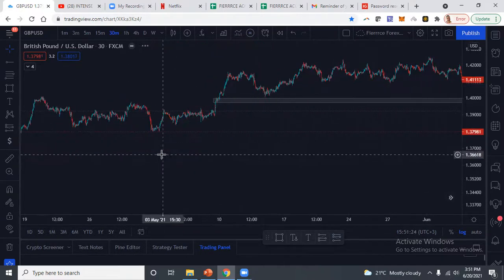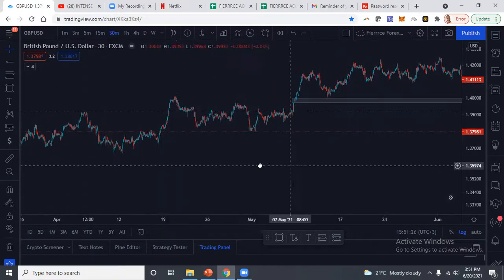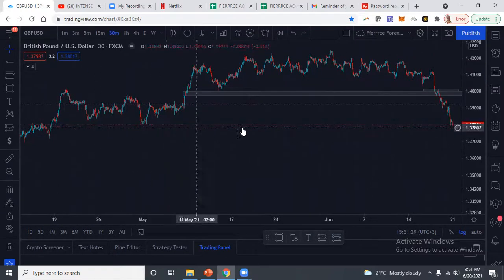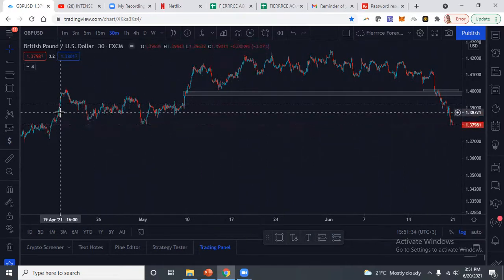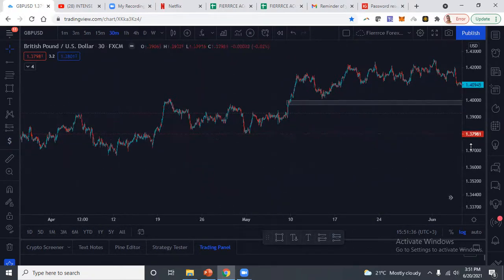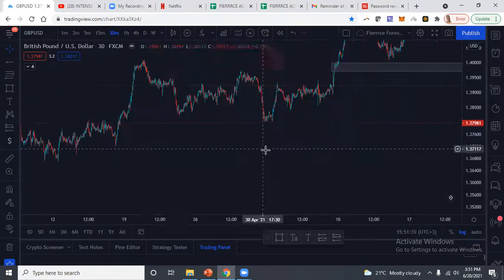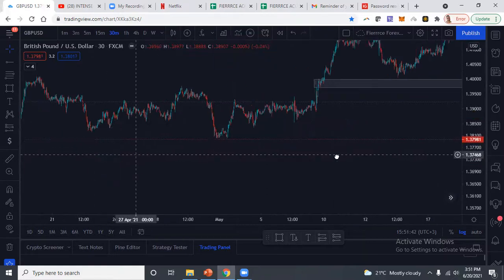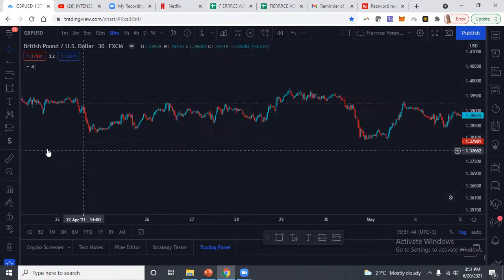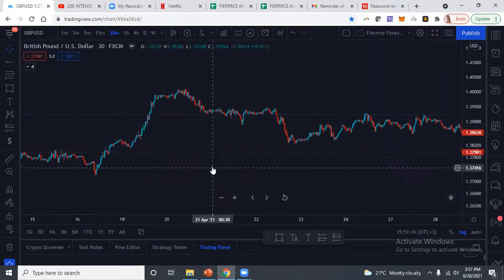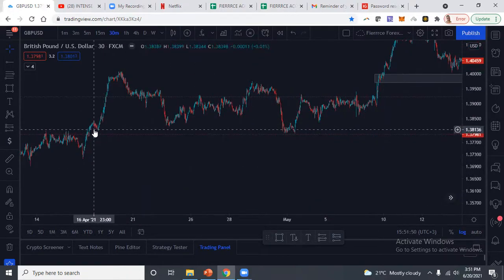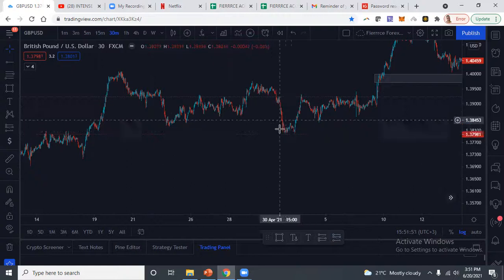So that's a possibility. But what you also need to know is that we are at a very strong level of support and resistance. We can see price pushed up at some point on the lower time frame, at this level here, and then retested this key support level at this point here.